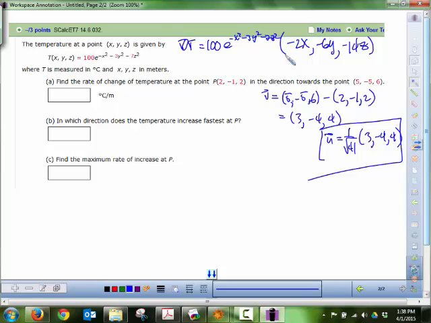Okay. Now you're at the point 2, negative 1, 2. So you want to put in 2, negative 1, 2. And then I have 100 e to the 4 plus 3 is 7. 7 plus 28 is 35, right?